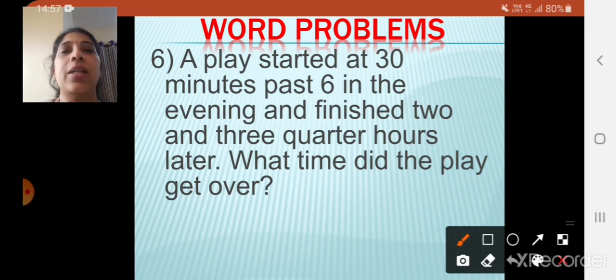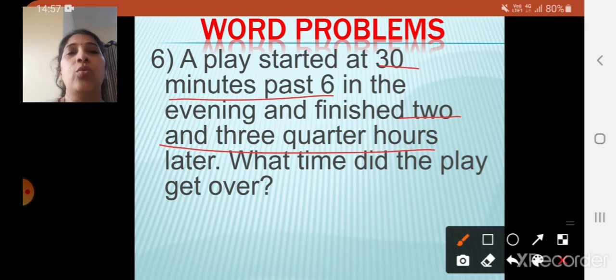Now 30 minutes past 6 in the evening means it is 6:30 p.m., right? And finished 2 3/4 hours later, right? 2 3/4 means, now 2 you already know. 3/4 means it is 45, right? So 2 hours 45 minutes later the play finished. So you have to find out what time the play got over.